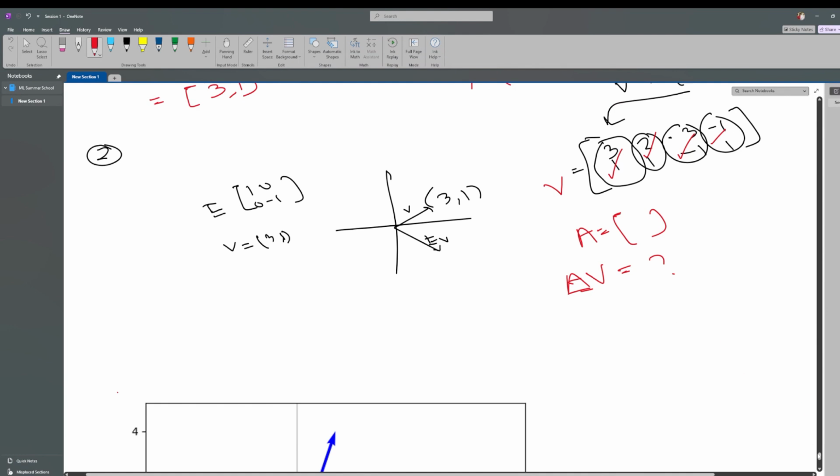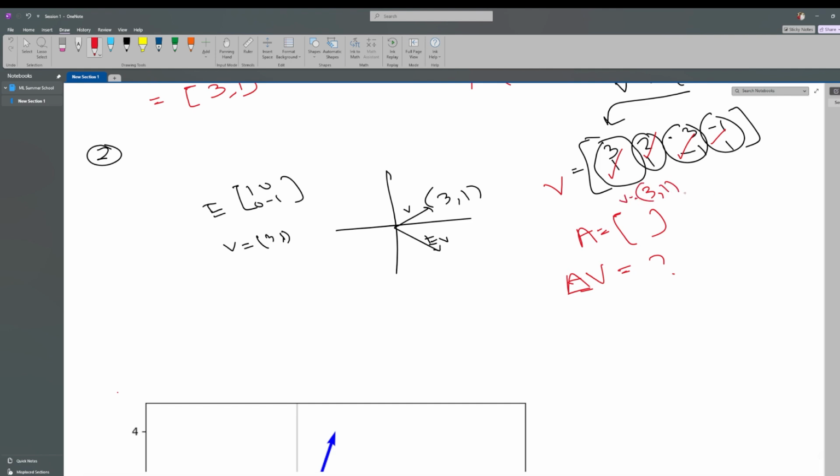It was transposed, right? So initially this 3 1 is basically 3 1 in general. This is our V, and V2 was actually 2 1, and V3 was, I believe, -3 -1. V4 was -1 1.